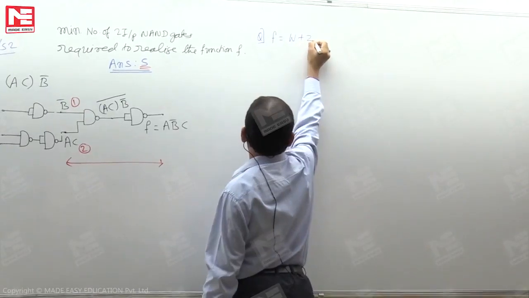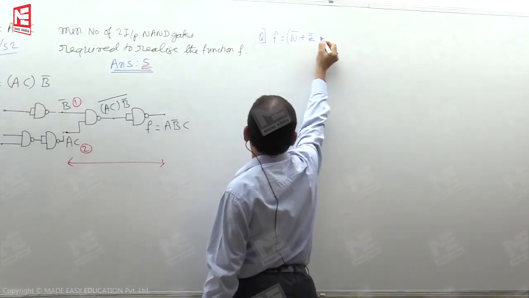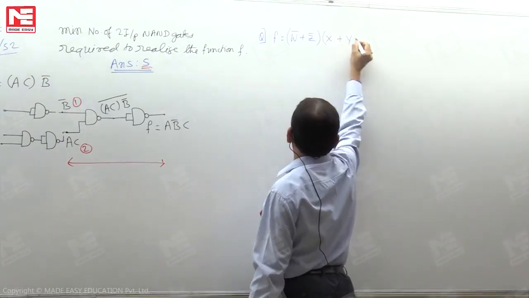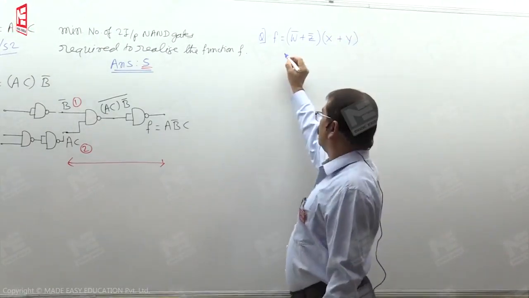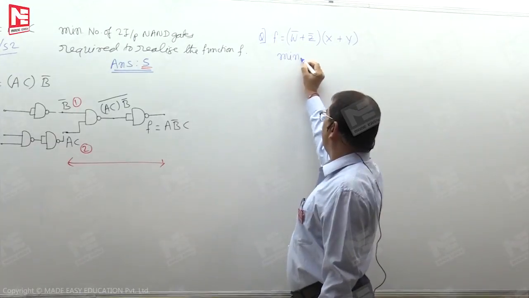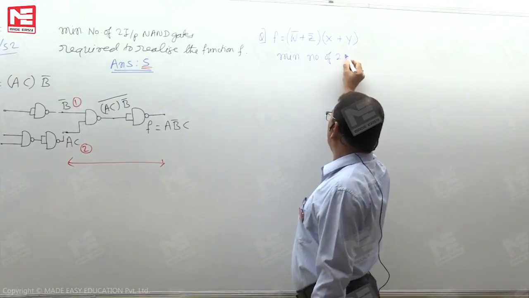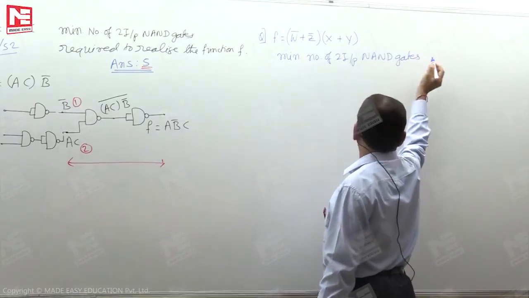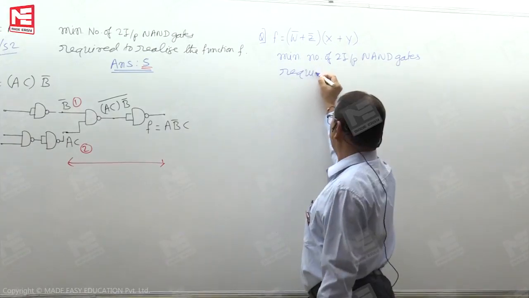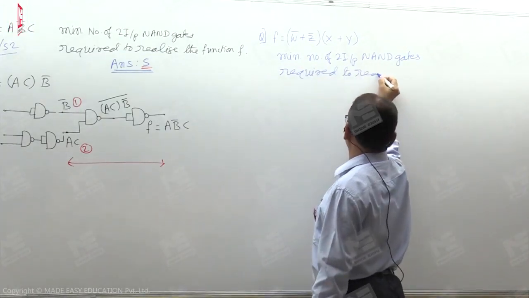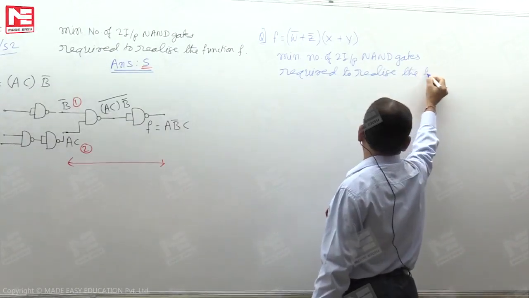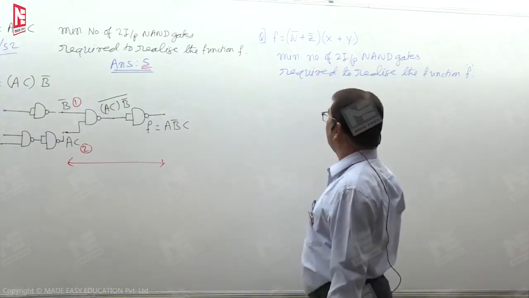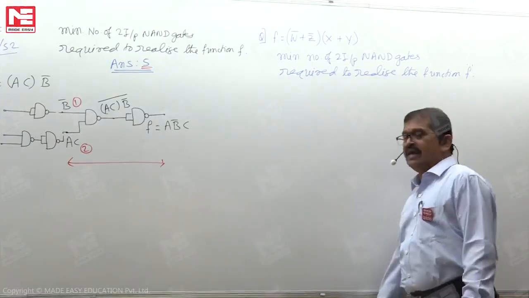The minimum number of 2 input NAND gates required to realize the function f, where the function f is w complement or z complement, and with x or y.